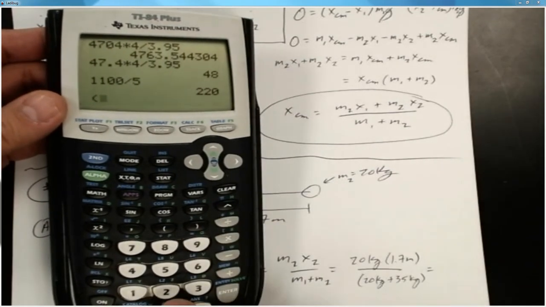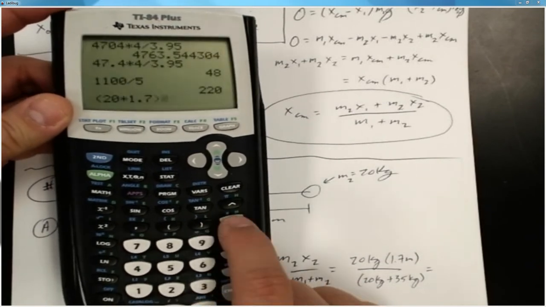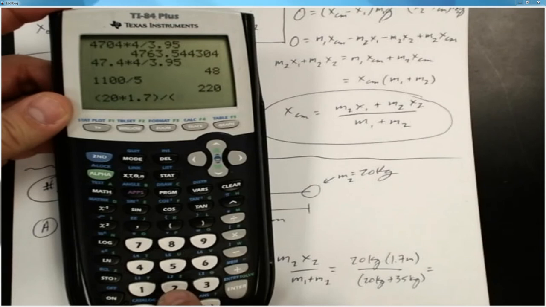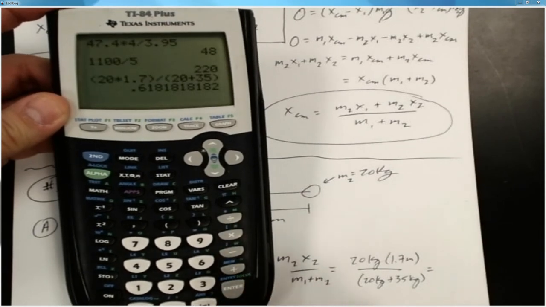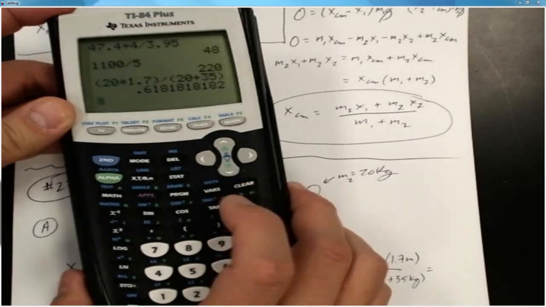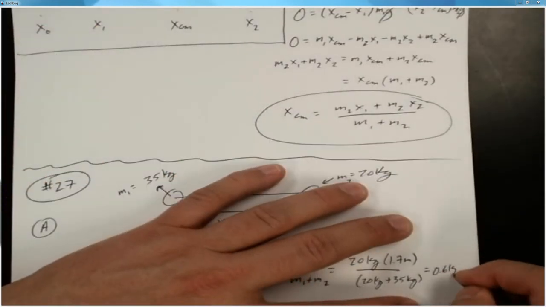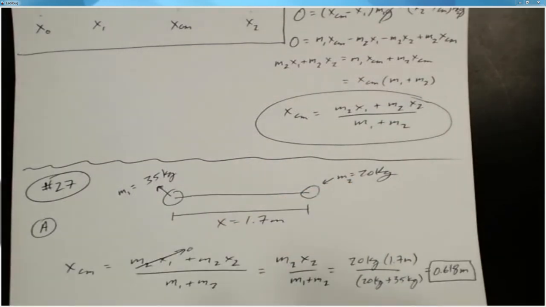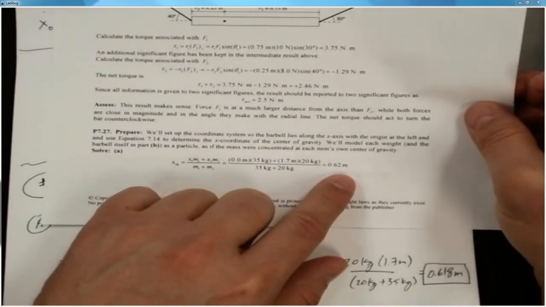Okay, 20 times 1.7 divided by 20 plus 35. That's 0.61 meters. Here's from the book, this is what they say the answer is.